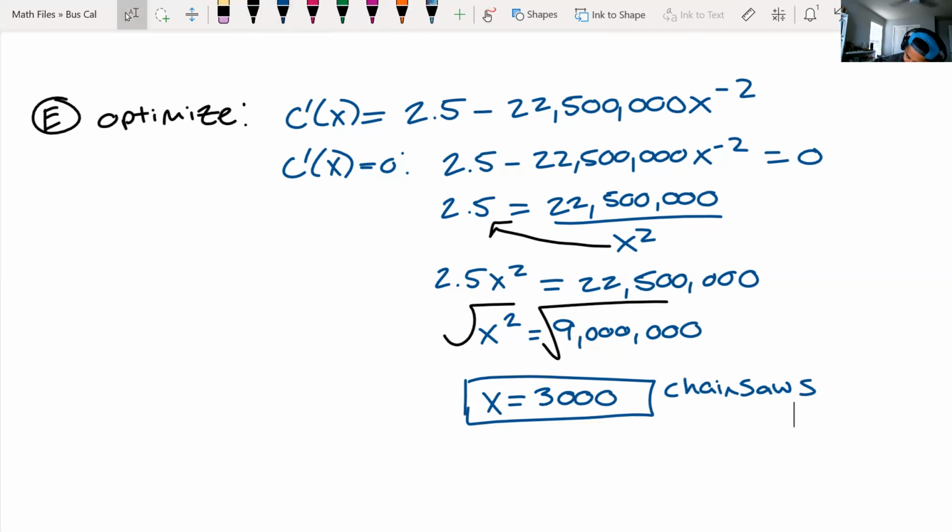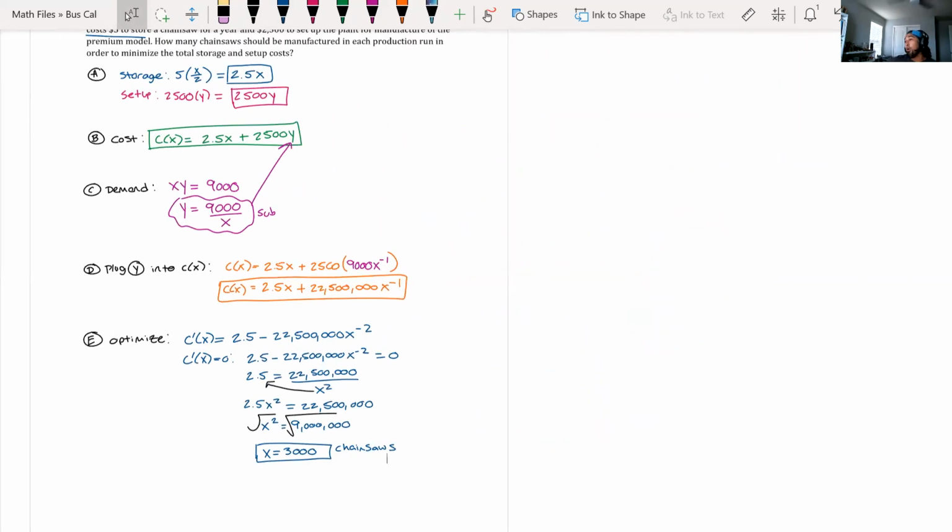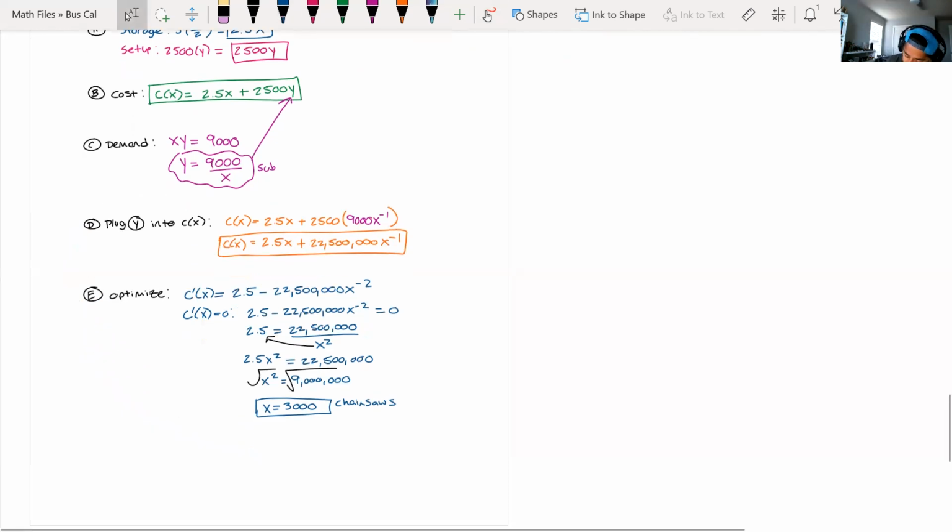Woohoo! And of course, all we have to do now is take 3,000, find y. So plug it in for the y substitution and plug it in for the cost function. And we'll be done. So let's try that.